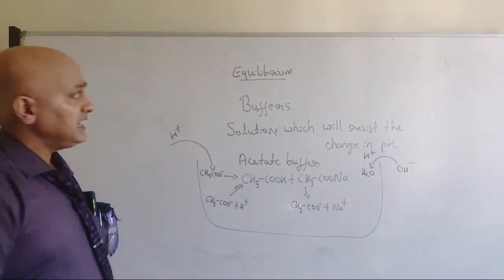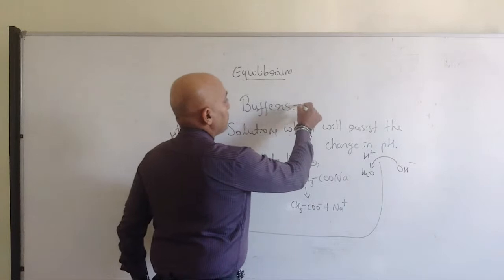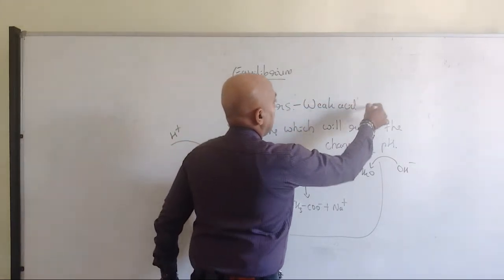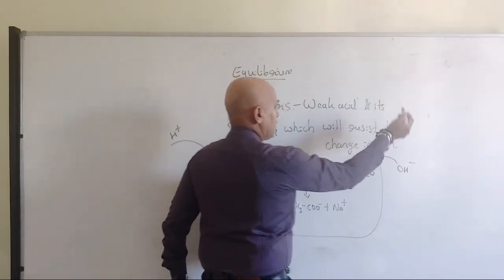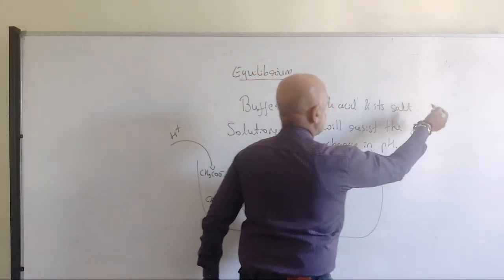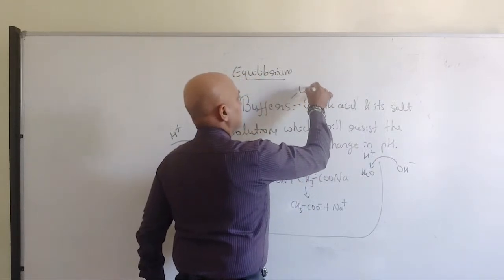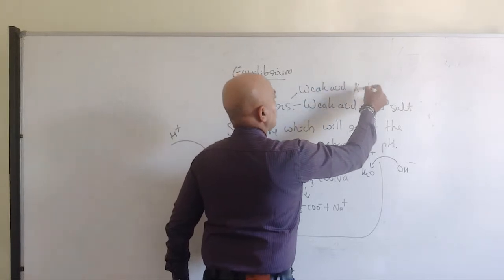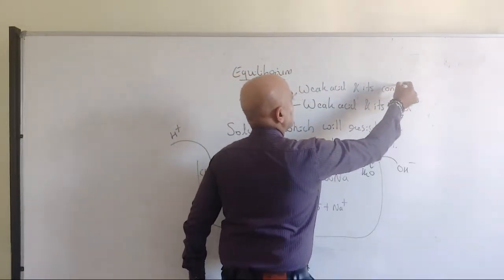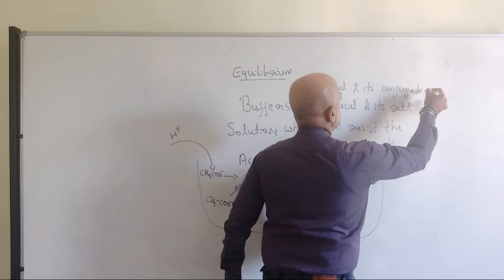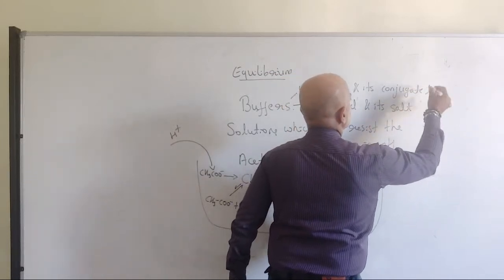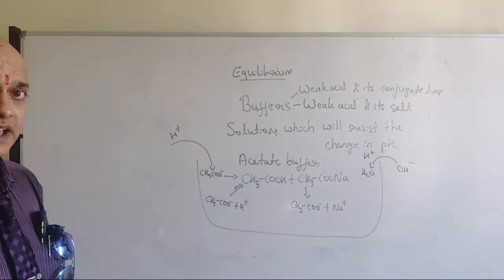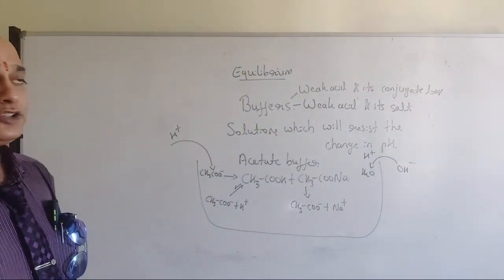So in general, we can tell that buffers are made up of a weak acid and its salt, or to be more appropriate, a weak acid and its conjugate base. That's where we have the buffers. You can give the definition of any two.